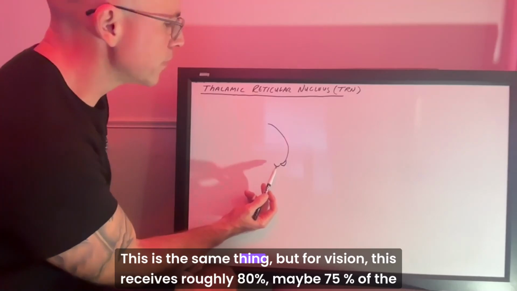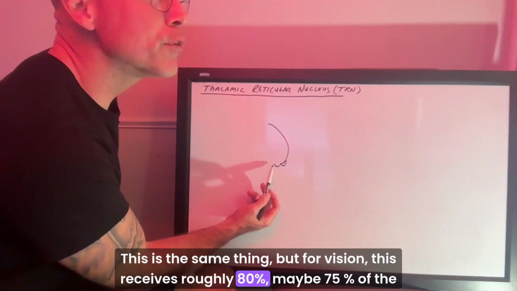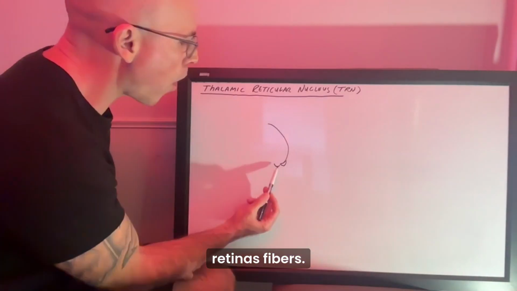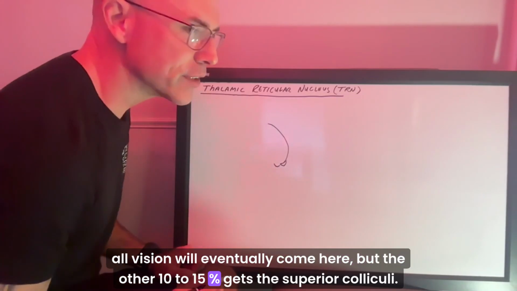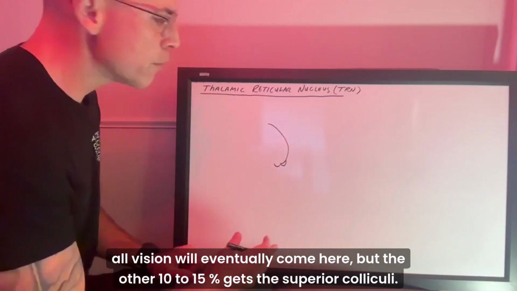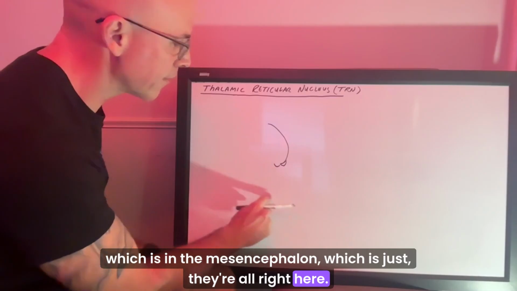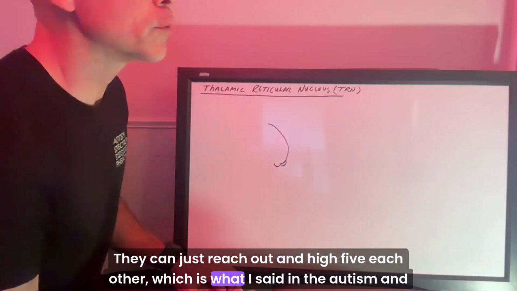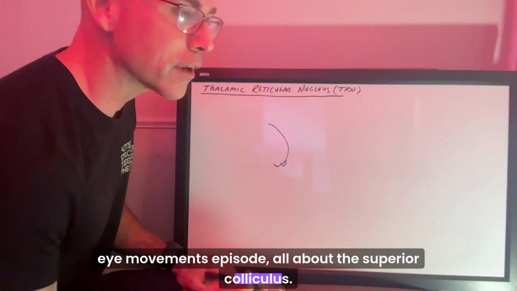This is the same thing, but for vision. This receives roughly 80%, maybe 75% of the retina's fibers. All vision will eventually come here, but the other 10 to 15% gets to the superior colliculi, which is in the mesencephalon. They're all right here. There are spatial relationships. They can just reach out and high-five each other, which is what I said in the Autism and Eye Movements episode, all about the superior colliculus.